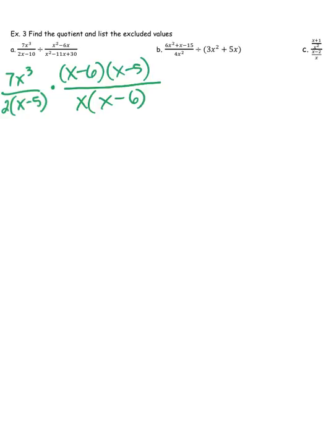So now that everything is factored and I've multiplied by the reciprocal instead of dividing, I can look at my excluded values. So I know that for this one, x cannot be 5, x cannot be 0, x cannot be 6.